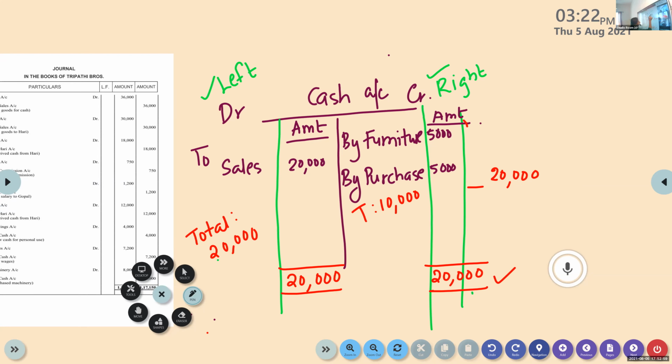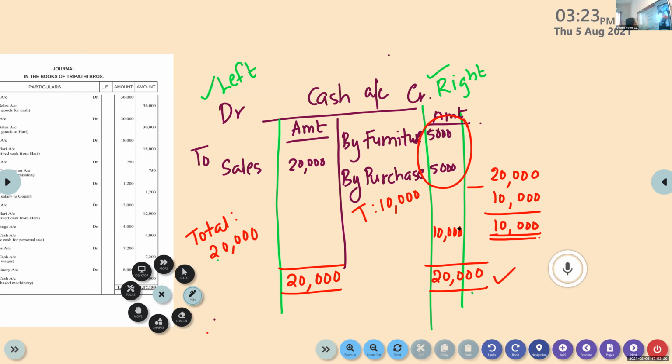Minus, what is the total here? 10,000. Am I right? Yes. So what is the balance? 10,000. We will write this figure over here. This is how we balance a ledger account.